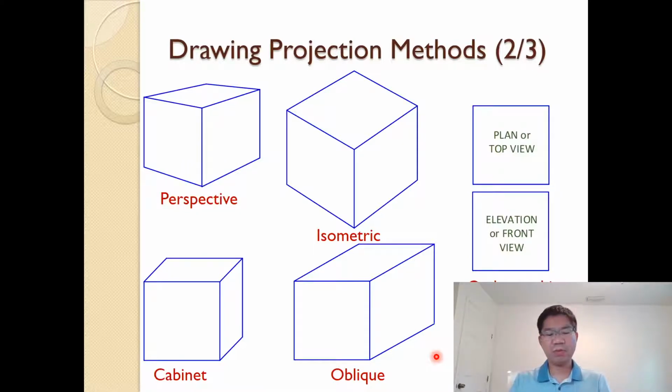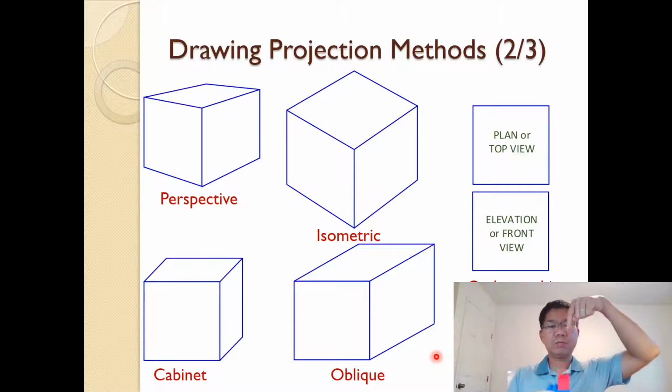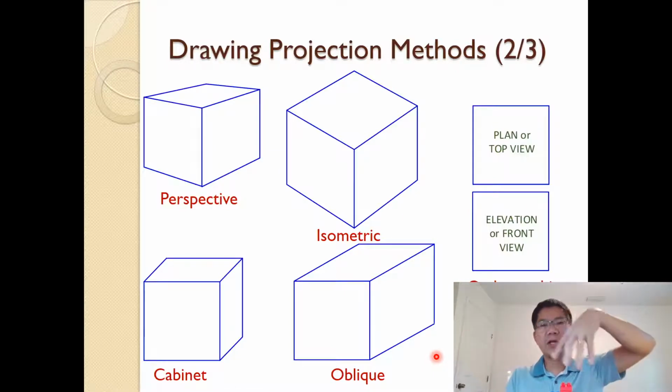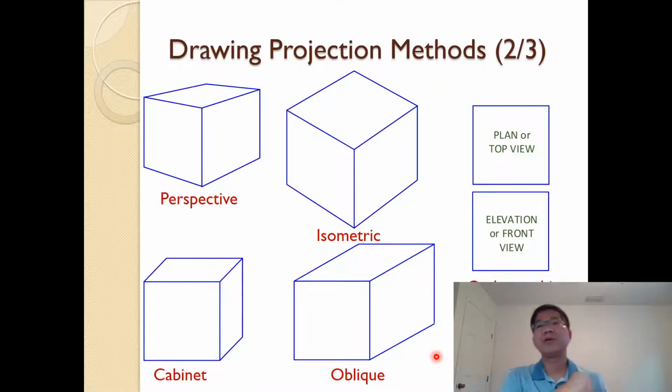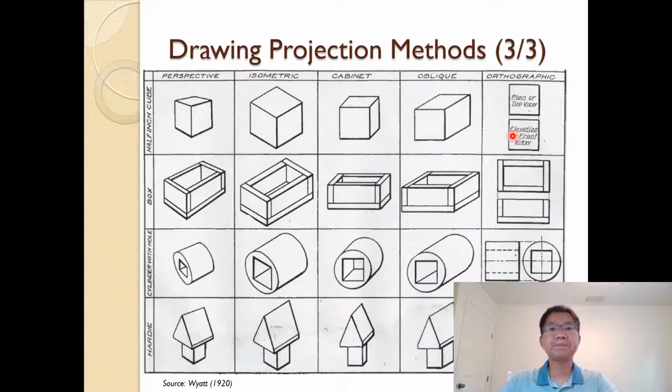Plan view: I watch this, and then my eyes going down, that is plan view. Elevation view: I watch this way, that is elevation view. Whatever we see in there, we just present that, and normally a combination of a few views lets us visualize the object, and that is the typical engineering drawing presentation.